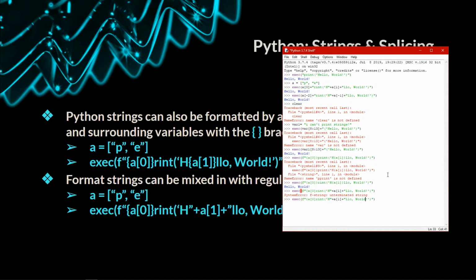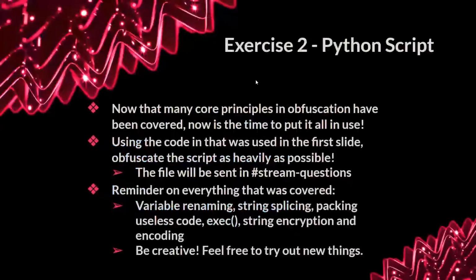Oh, I see where my mistake is. I forgot to close off my bracket here. There we go, that should fix that. Okay, now that I have fixed my boo-boo, I'll move on to the next one.